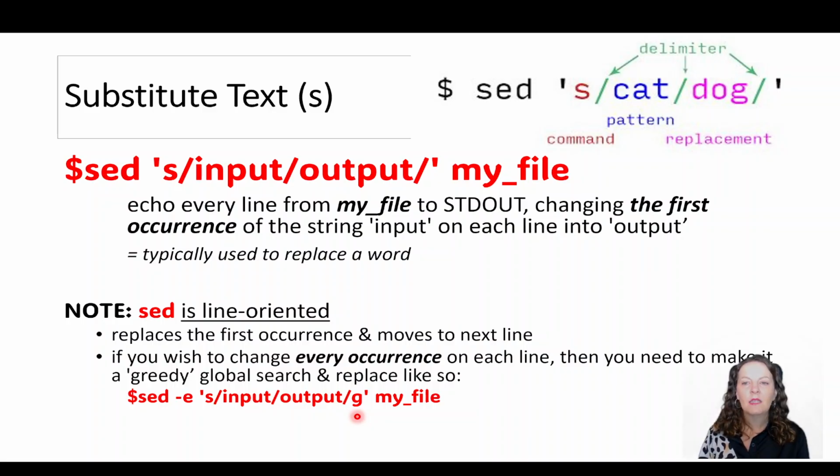The -e option there, in this case, wouldn't actually be needed, because what the -e does is allow you to run and embed multiple sed commands. So the -e means I'm going to run this sed command, followed by the next sed command. If you had more than one, you'd use your -e.